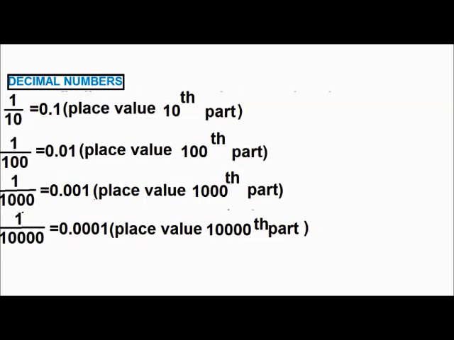That is place value tenth part. 1 by 100 can be written as 0.01. That is place value hundredth part. And 1 by 1000 is equal to 0.001. That is place value thousandth part. And 1 by 10,000 is equal to 0.0001. Place value ten-thousandth part.